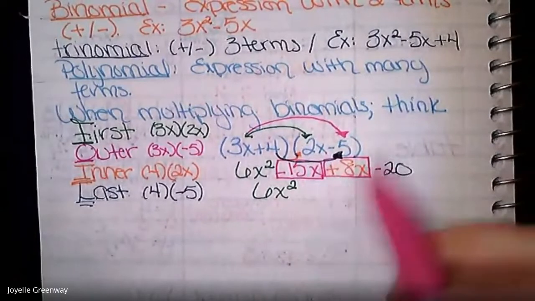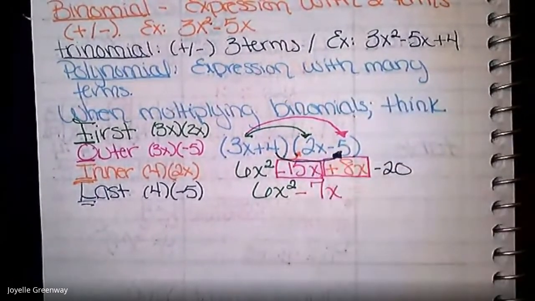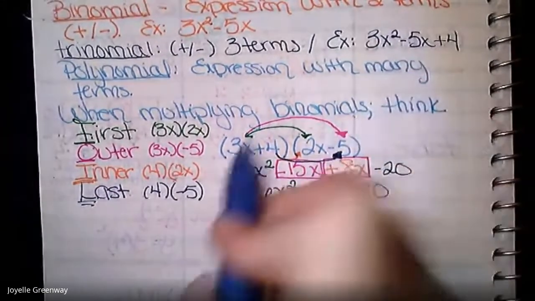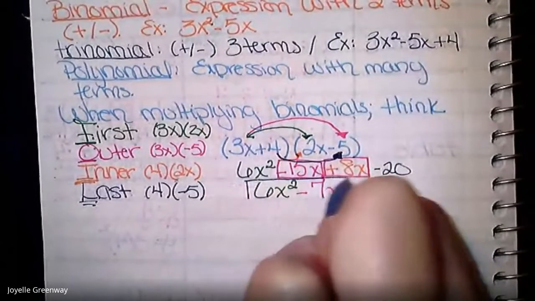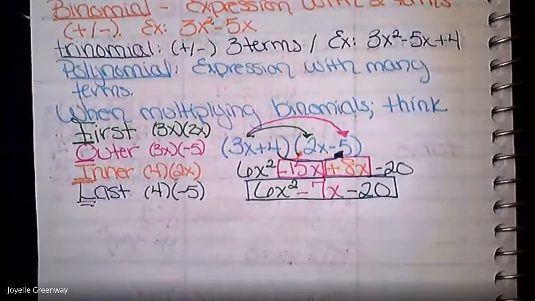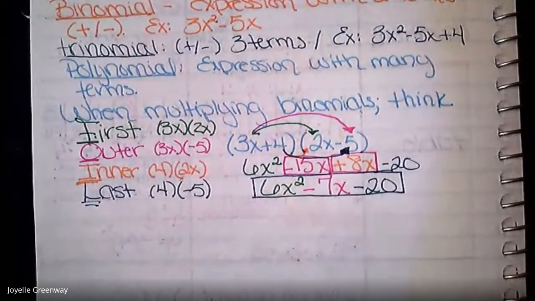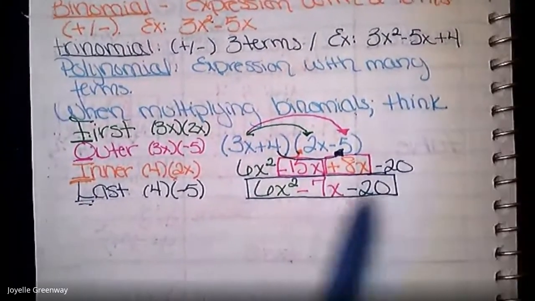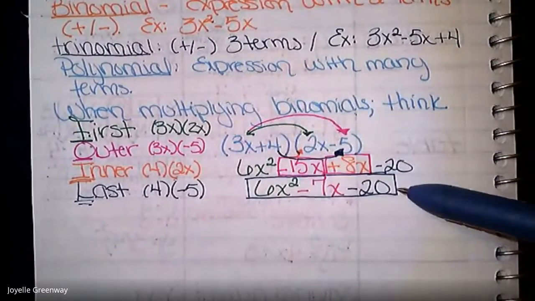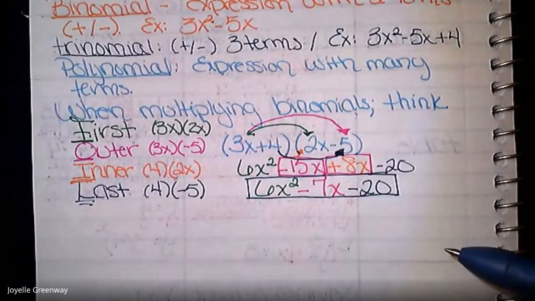Since it's negative 15, it's minus 7x and then minus 20. And I can't simplify beyond that, right? Okay, so 6x squared minus 7x minus 20 is the trinomial that we got from multiplying the two binomials.